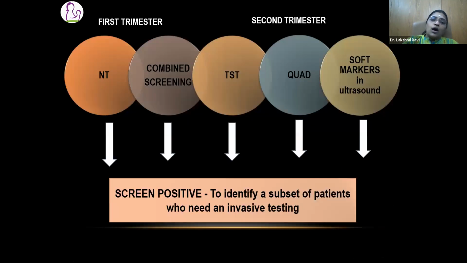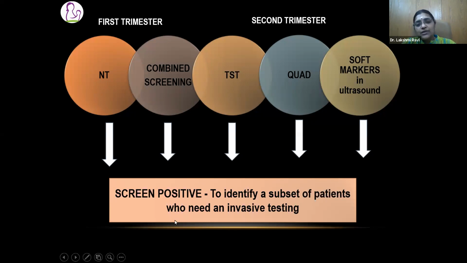Having this in mind, as I earlier told you, depending on what type of test you're going to offer, the sensitivity of each test is different, but all of these tests are going to identify one group of women. They're going to identify who are the screen positive group.